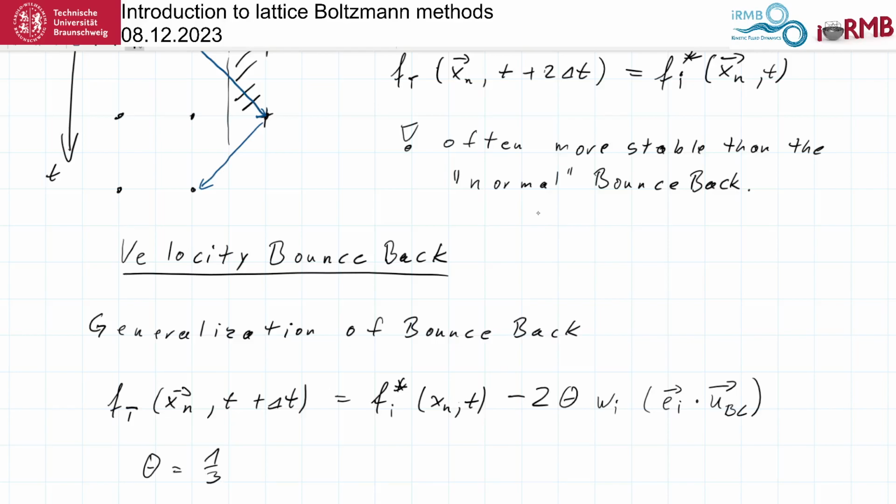So this here is 1/3, and these here are the lattice weights. They depend on what lattice you have, but they are the same as in the BGK collision operator. Yeah, in the BGK collision operator we also use these weights, and they are the same here.